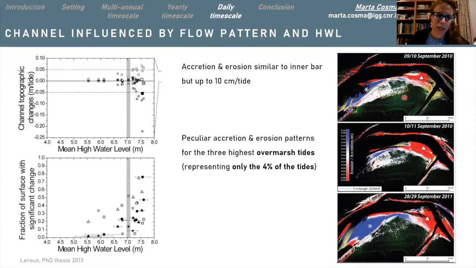Looking at the plan view, here you are looking at the accretion and erosion pattern of the three highest overmarsh tides in the study period, between 2009 and 2013. They show a really peculiar pattern, with erosion in the landward zone and accretion in the seaward side.